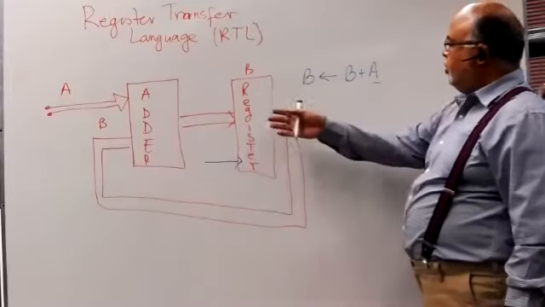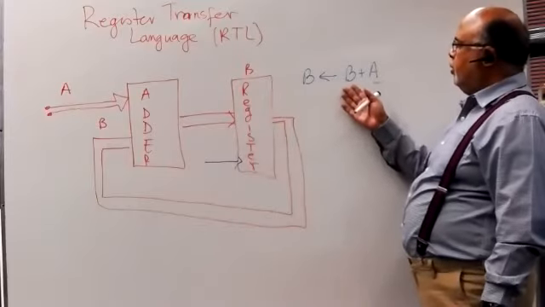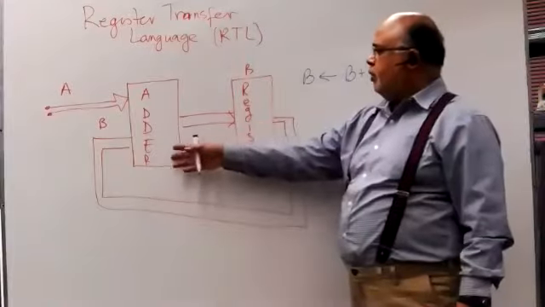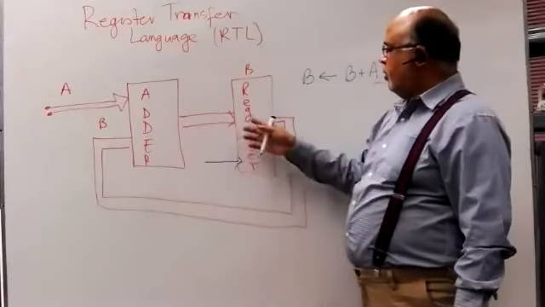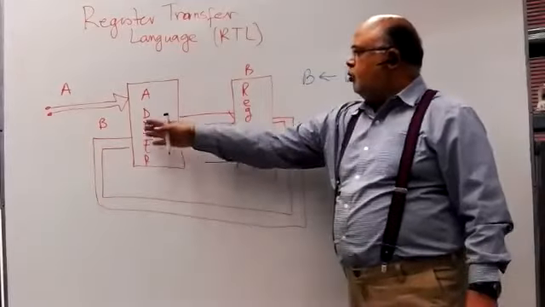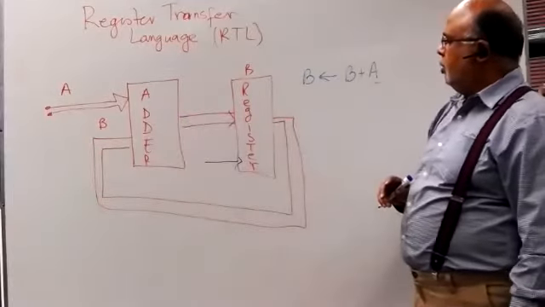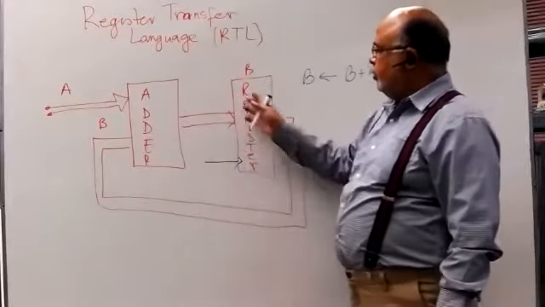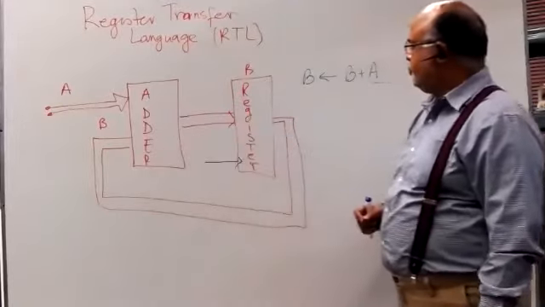So this circuit can be described in one line in RTL. There is an adder here, which is a combinational circuit, and there is a register. And you can think of a register as the input and a register as the output. So in between the B register and the B register, there is this adder.